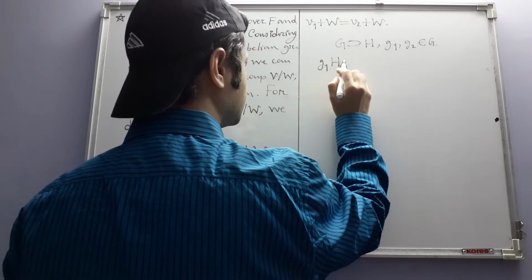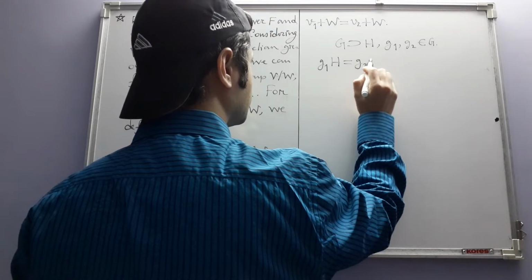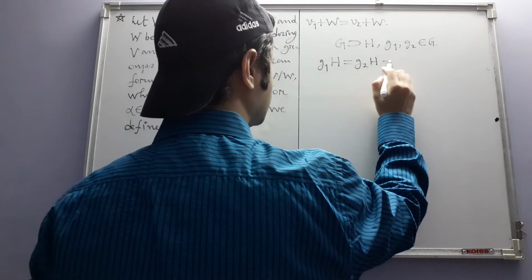Then the left coset g1H is equal to the left coset g2H.